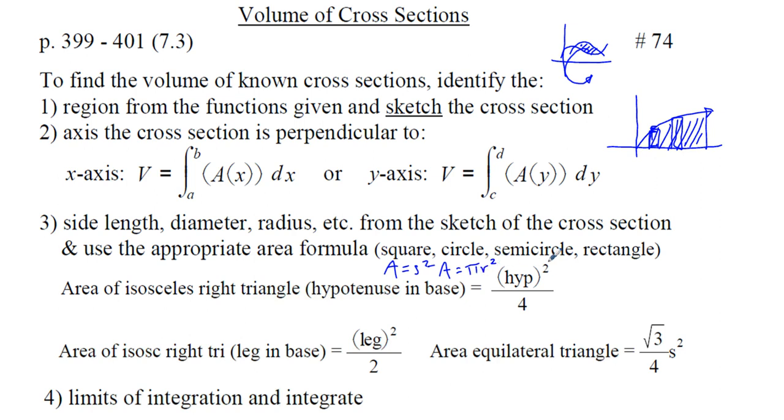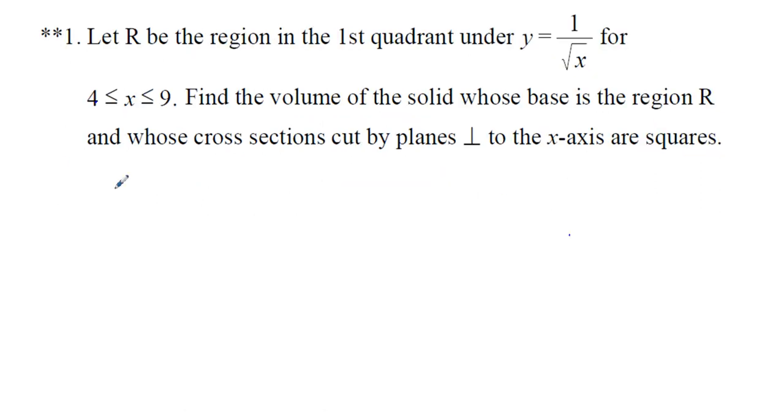You have a semicircle, which is area equals pi r squared over 2. In a rectangle, area equals length times width. And then you have isosceles right triangle, equilateral triangle, and so forth. We're going to go over a couple problems here.